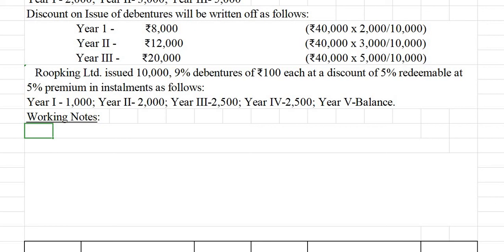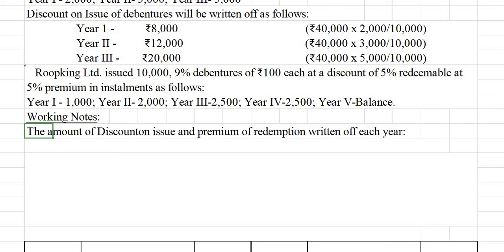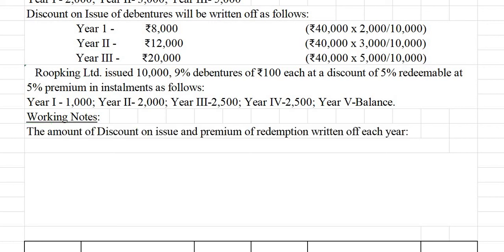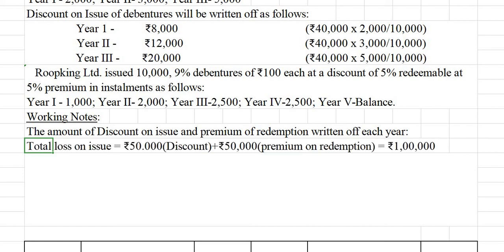As I have told, the total discount on issue of debentures as well as the premium are both considered as loss. So the total loss on issue is 50,000 discount and again 50,000 premium on redemption. So the total amount is 1 lakh. This is the loss.